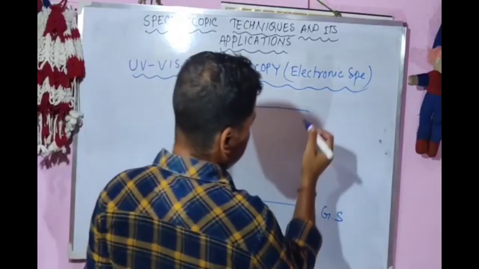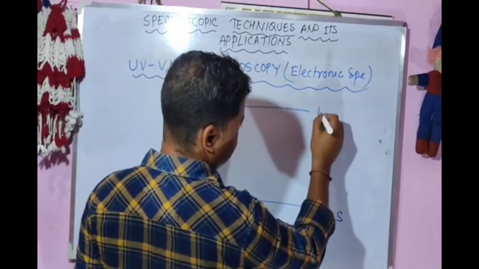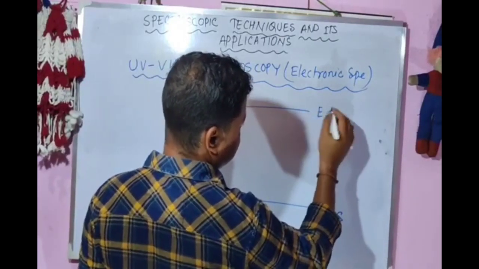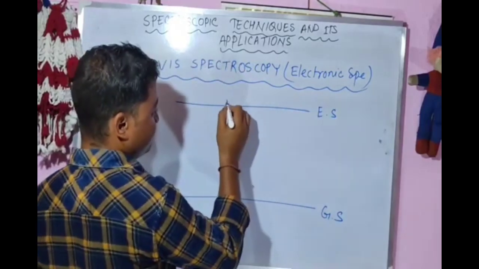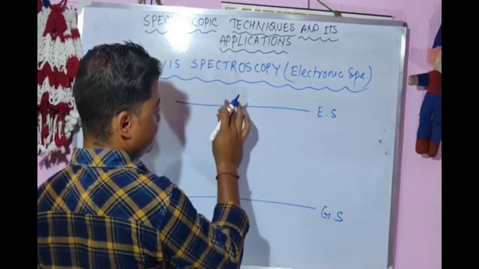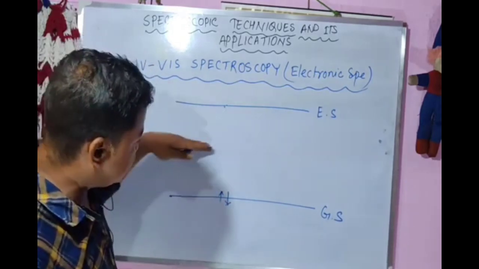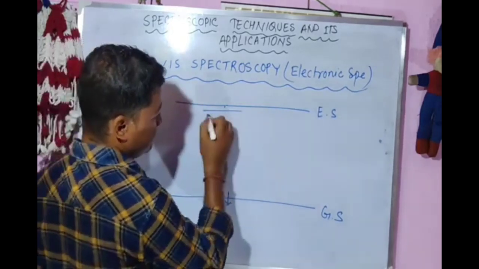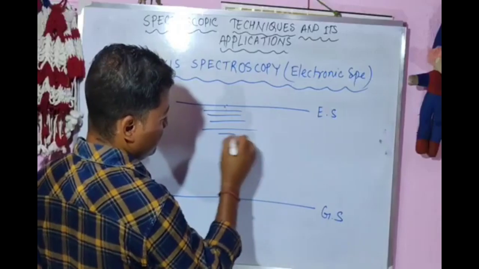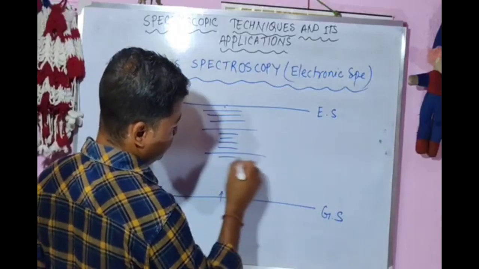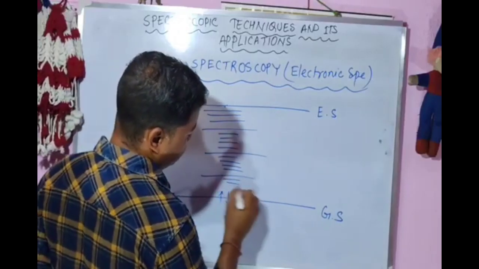Then there is the first excited state, that is the electronic excited state, and between them there are so many energy levels: electronic, vibrational, rotational levels, and so on.